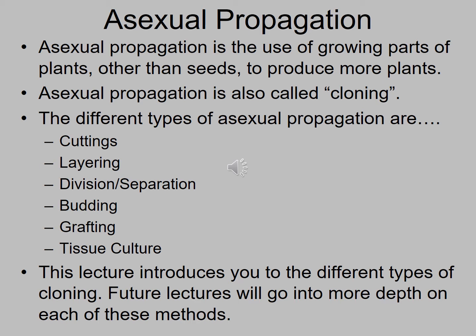So obviously roots don't grow off of the branches very often on our trees and shrubs, but you can induce that stem tissue, those branches, to grow roots in different ways.